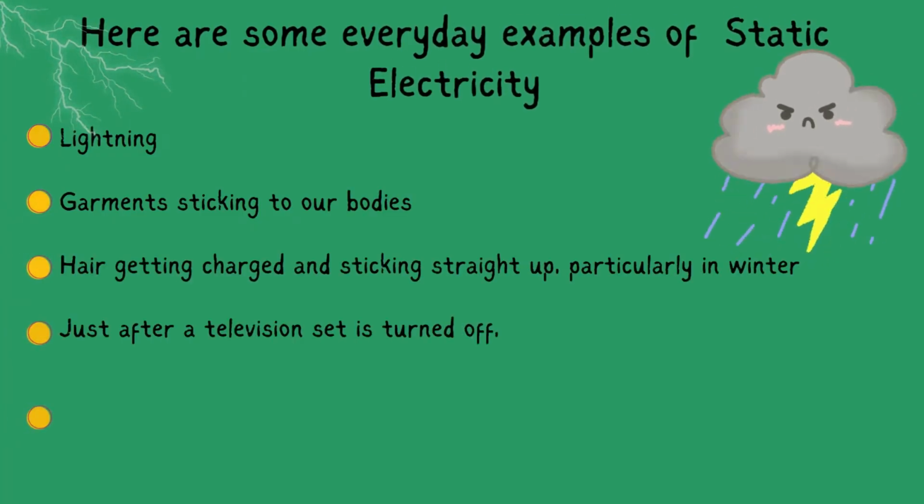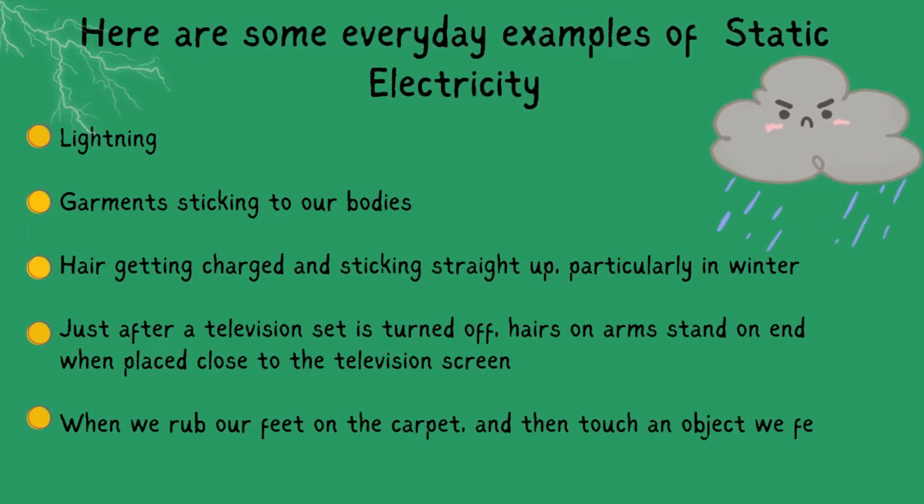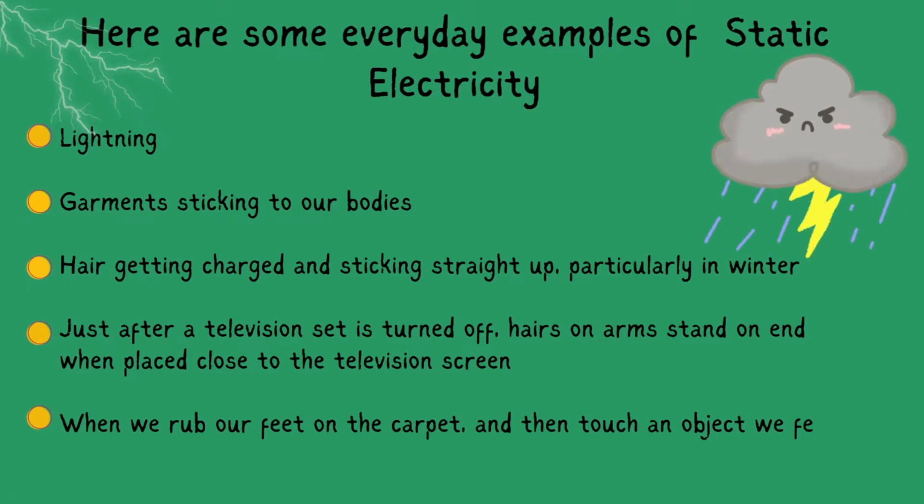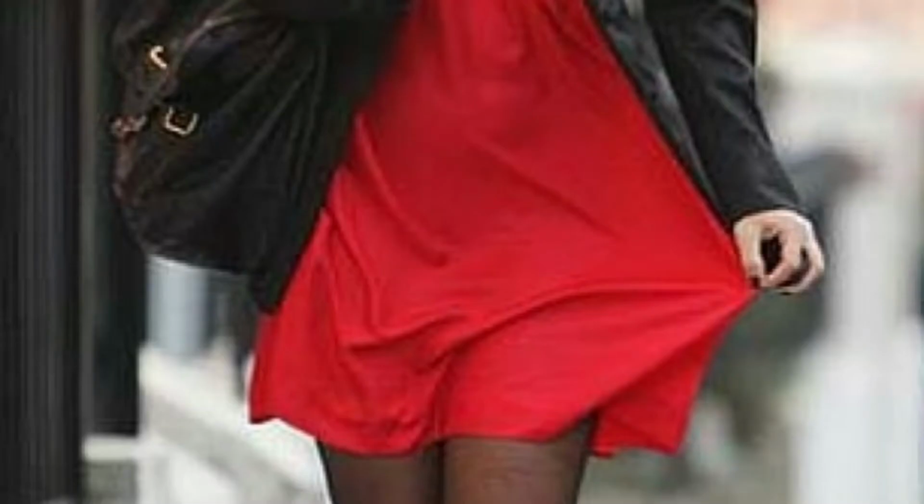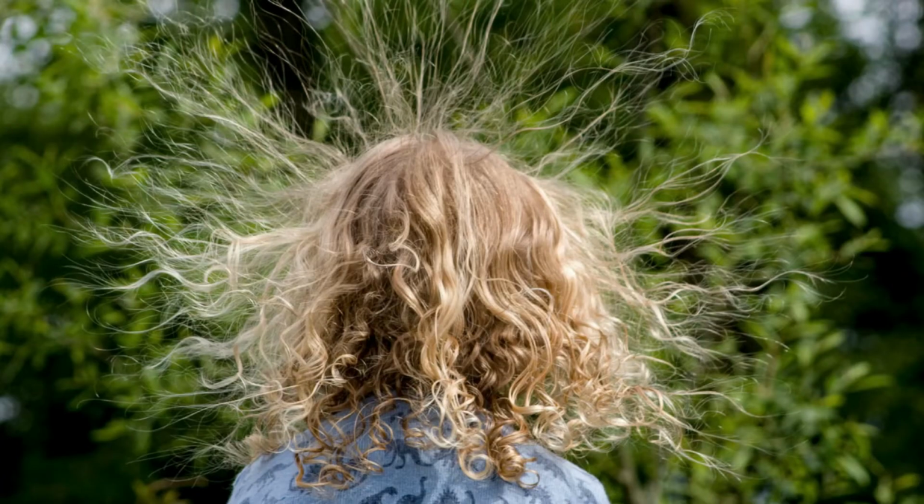Here are some everyday examples of static electricity. You have lightning, you have garments sticking to our bodies, hair getting charged and sticking straight up, particularly in the winter time.